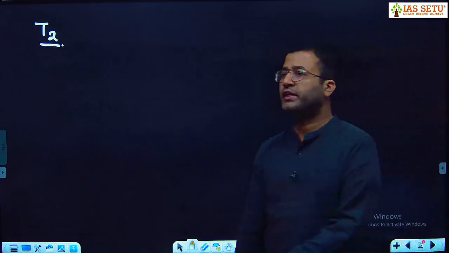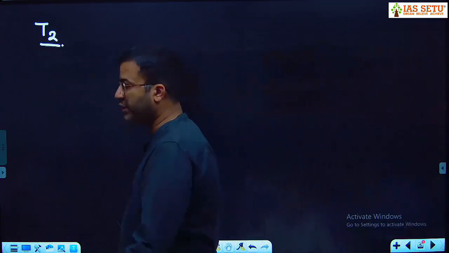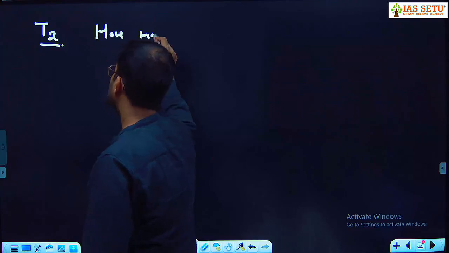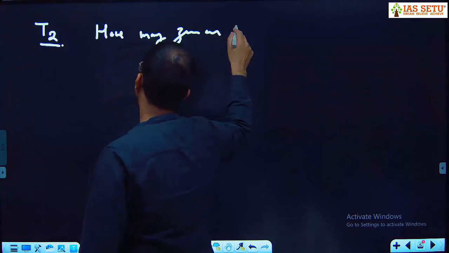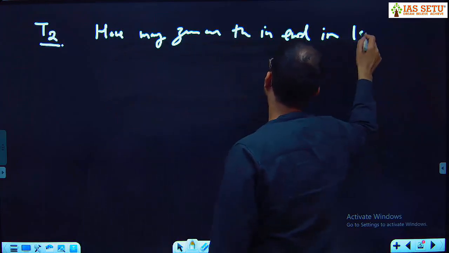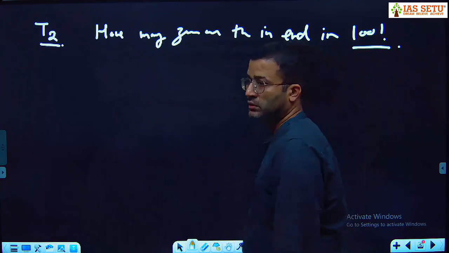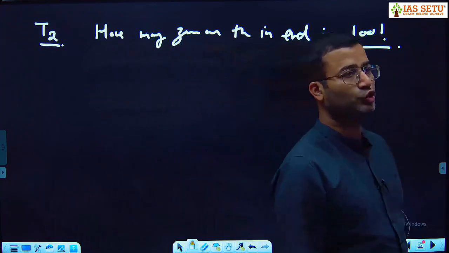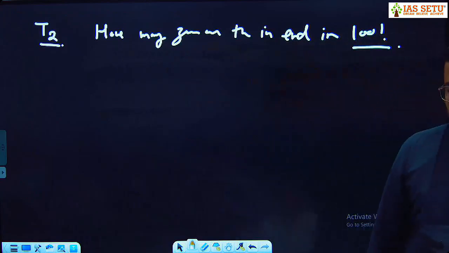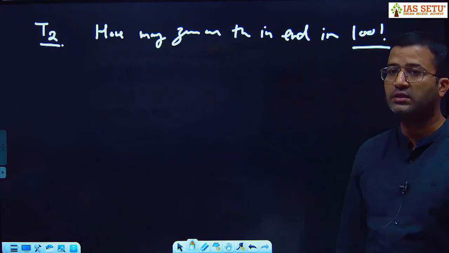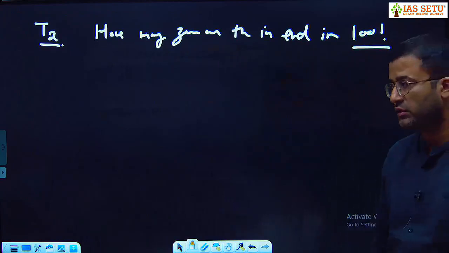Type 2 question here is, you write a question: how many 0s are there at the end in 100 factorial? मतलब when you take 100 factorial, उसमें last में कितनी 0 आएंगी? How many 0s are there at the end in 100 factorial?